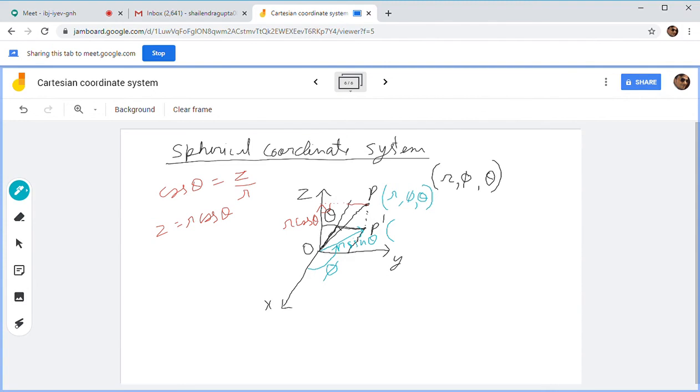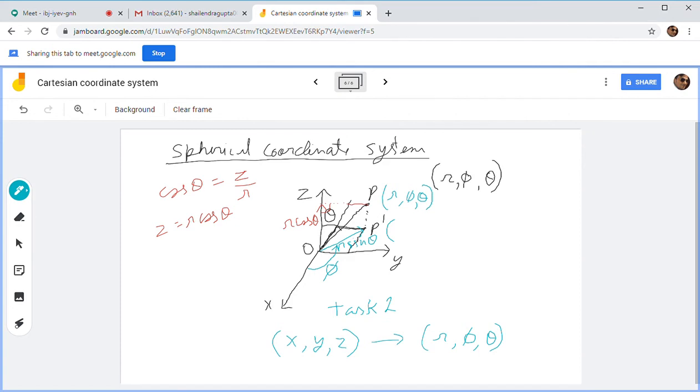So I will give you a task, this will be your task 2. In this task 2, you will convert your x, y, z coordinates into r, phi and theta.